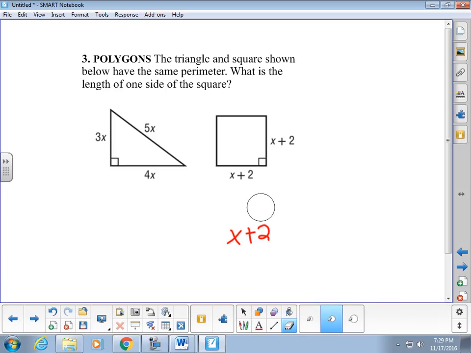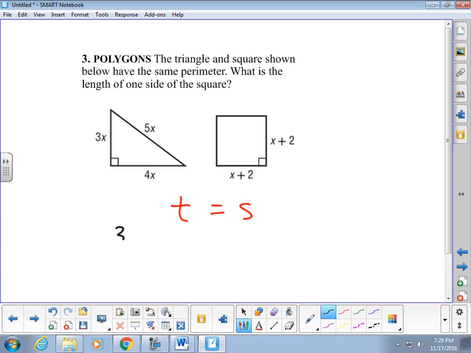Let me start over. Triangle and square have the same perimeter. That means when you add up all the sides, they're supposed to equal the same. Okay? So triangle right now has 3x plus 5x plus 4x.